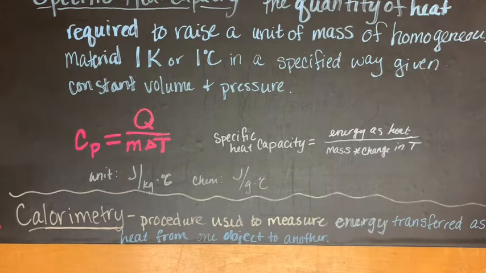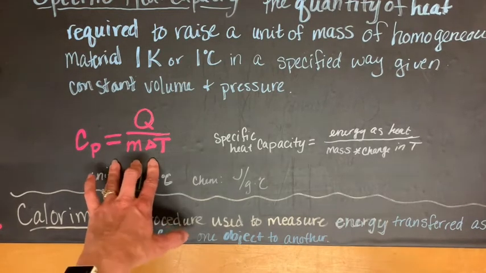So let's say we know the specific heat capacities of these objects. We can actually figure out energy as heat. Energy as heat isn't actually all that easy to measure, so we have to use other things that we can measure to figure this out. And it's using this equation here.